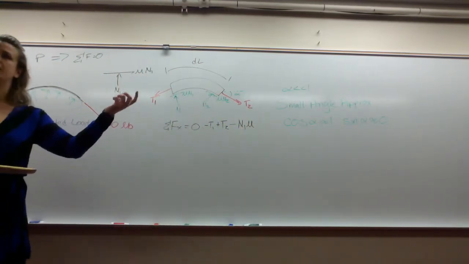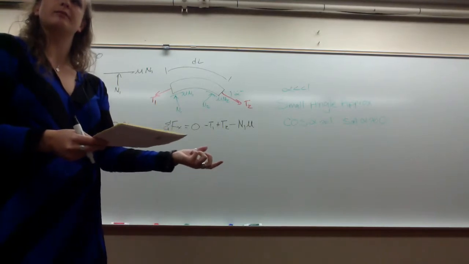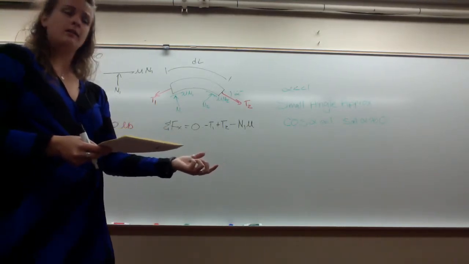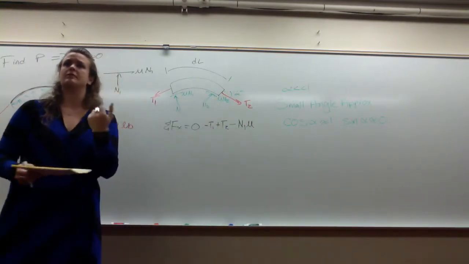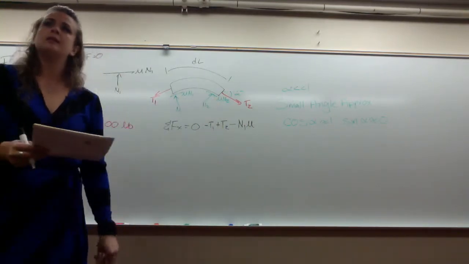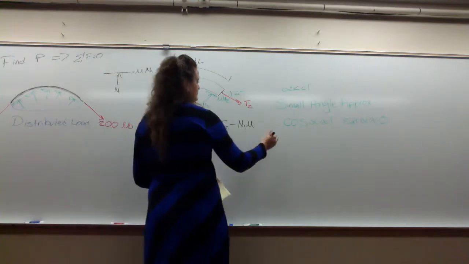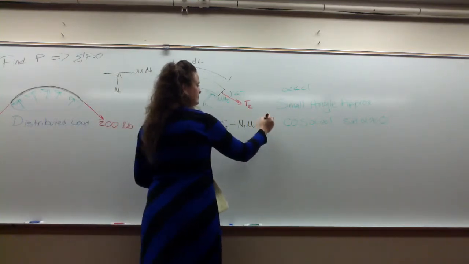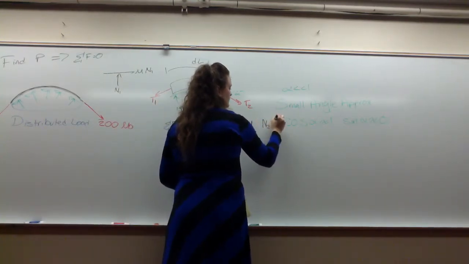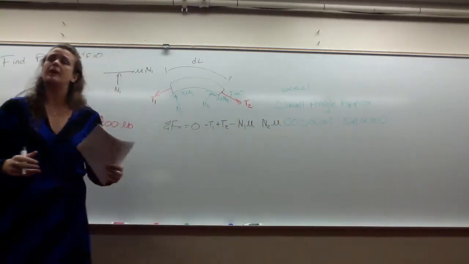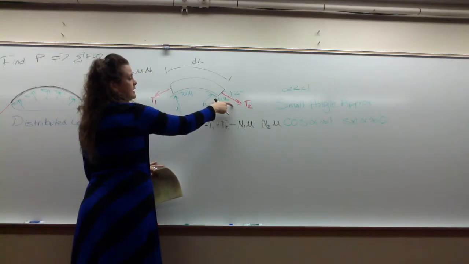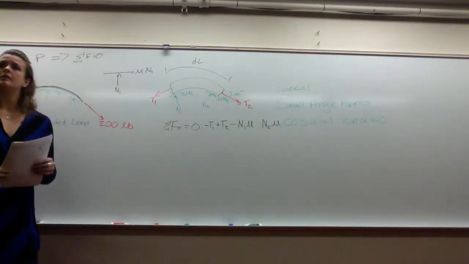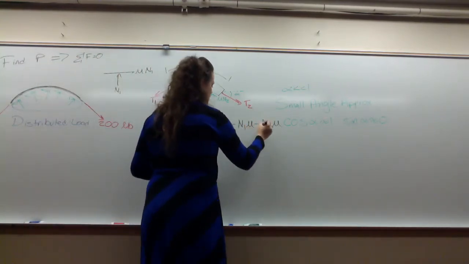I need to multiply it by my coefficient of static friction. So how would you add this other friction force at the second point of contact? N2 mu? Is that positive or negative? Look how it's oriented. We're counteracting the tension 2. Negative. Good job.